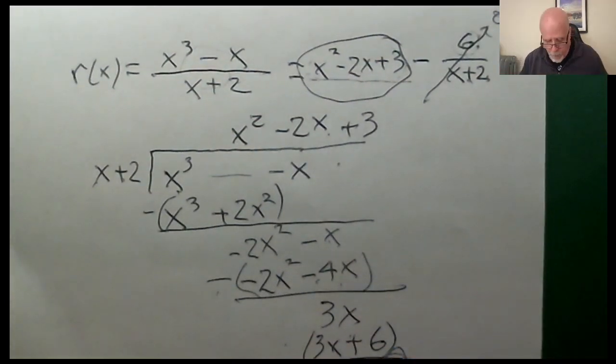Let's end today by making a graph of that last thing, and we'll see that in fact the strange looking graph is pretty reasonable once you've done some long division and you find out what its asymptote is. So the other graph I want on here is x squared minus 2x plus 3.